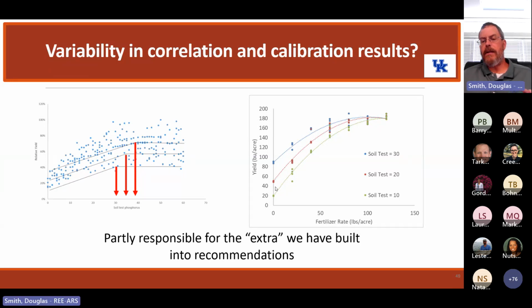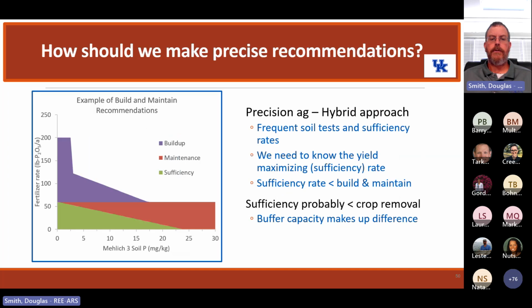And then they would find these zones with different levels of soil test phosphorus and do fertility curves where they apply different rates of fertilizer. And even in that, there's some pretty big variability that can be built in. So from these fertility recommendations, we've actually built in a lot of extra cushion or insurance to try to make sure that producers don't lose yield based on our fertility recommendations.